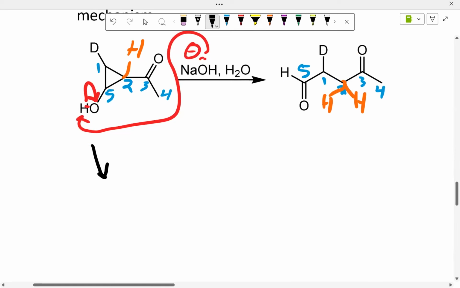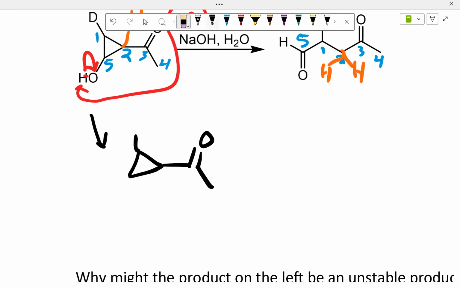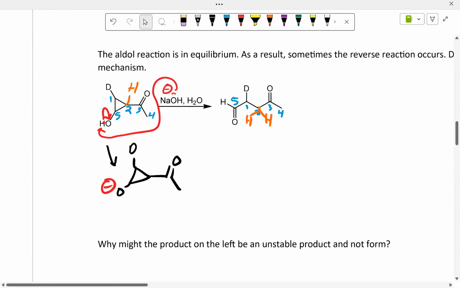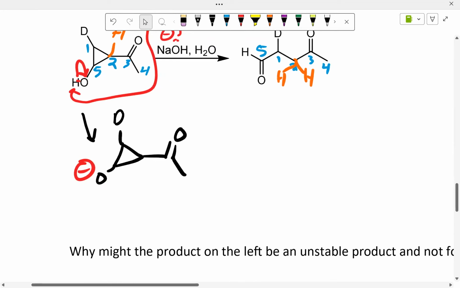And let's draw the result of that. So now we get oxygen with a negative charge. Now we have to figure out what to do. We have to solve for the negative charge.